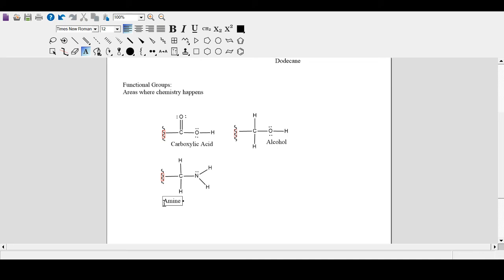If you have something that looks like a carbon bound to a nitrogen like this, then those are called amines. Amines.